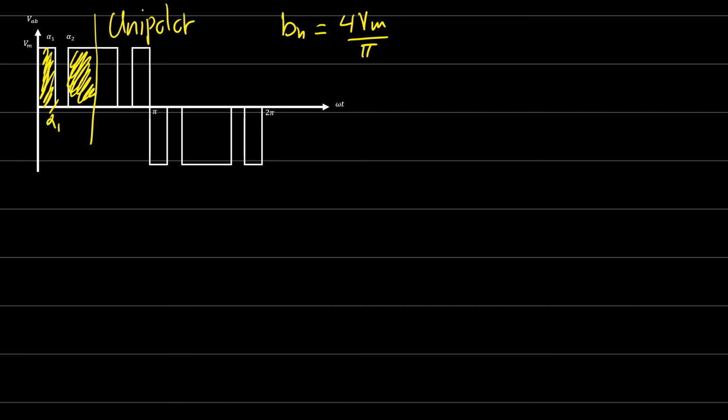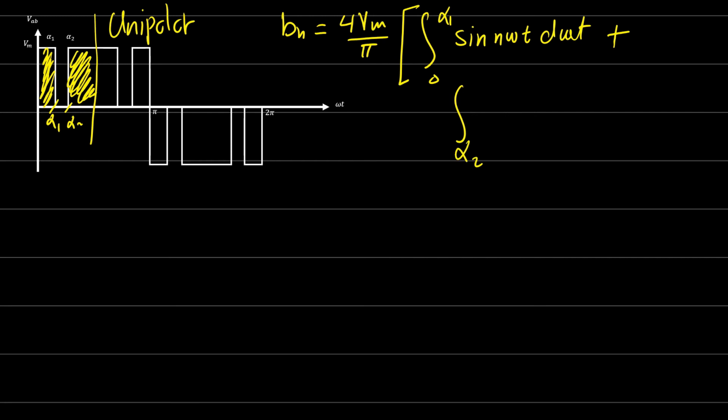So this is alpha 1 and this is alpha 2. So we'll say integration from 0 to alpha 1 of sine n omega t d omega t, plus integration from alpha 2 to pi over 2 of sine n omega t d omega t.